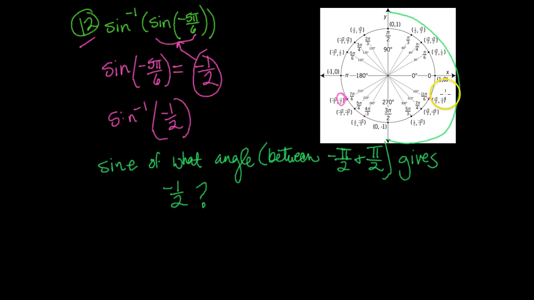Well, this is your only option right here. What is that angle? That's 11 pi over 6, but it's not between -pi over 2 and pi over 2. So instead we have to say how many units are you from here? You're going in the negative direction. That would be -pi over 6.